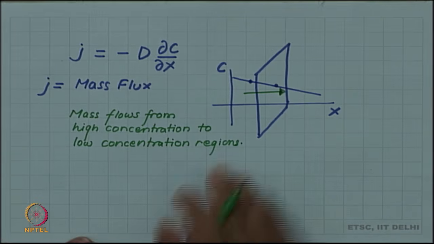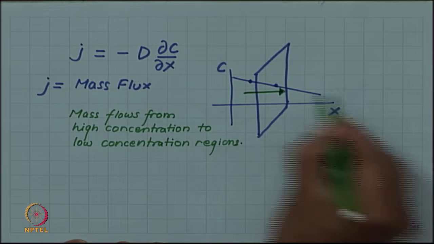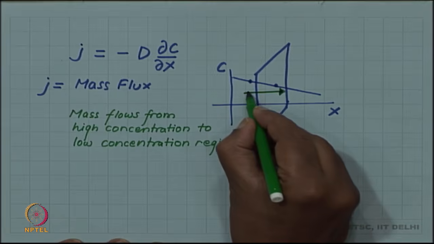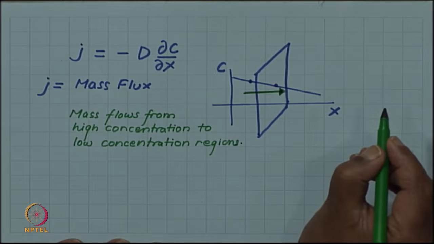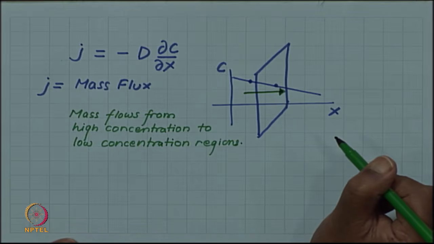You can see from here that if mass is flowing to the right, this is our x axis, so the flux is in the positive x direction, this is what we will call a positive flux.